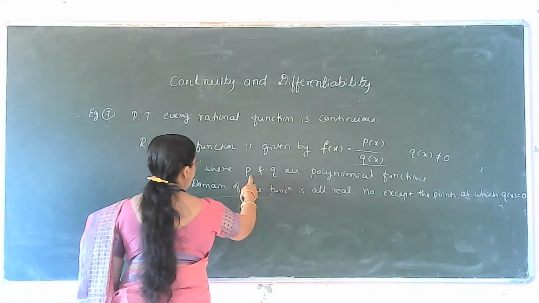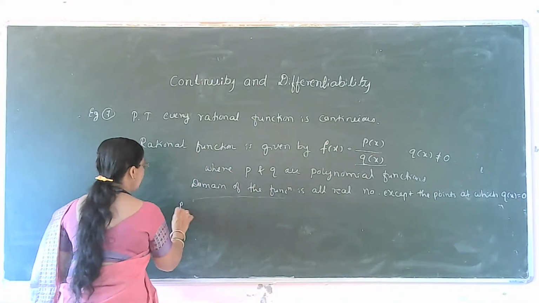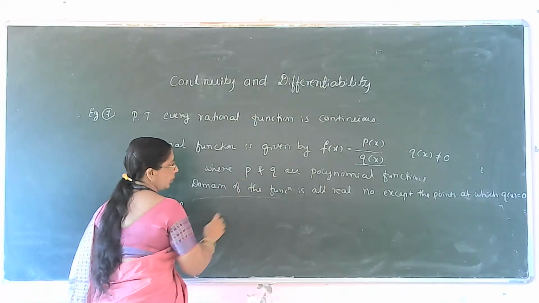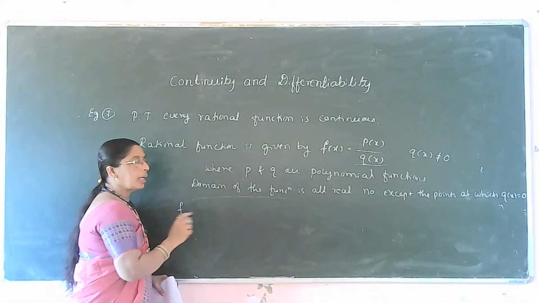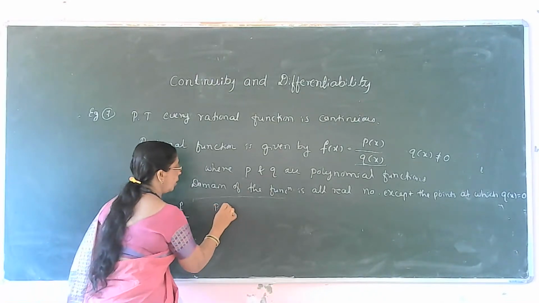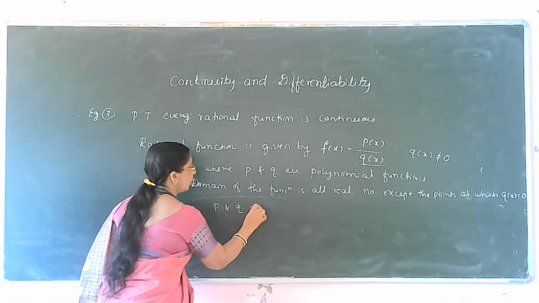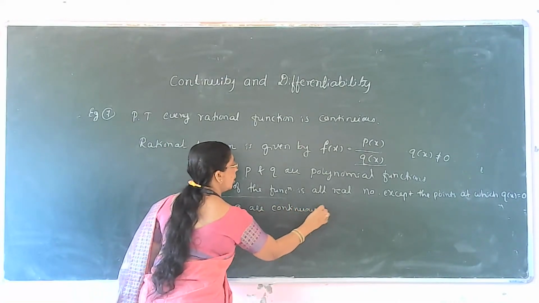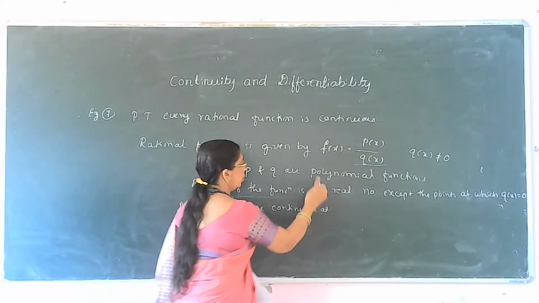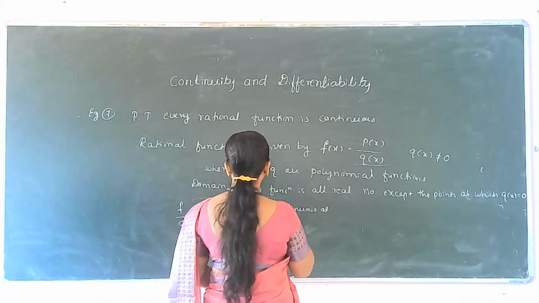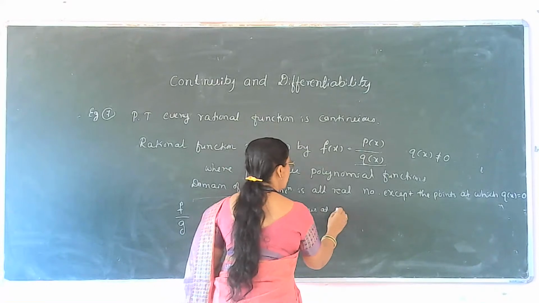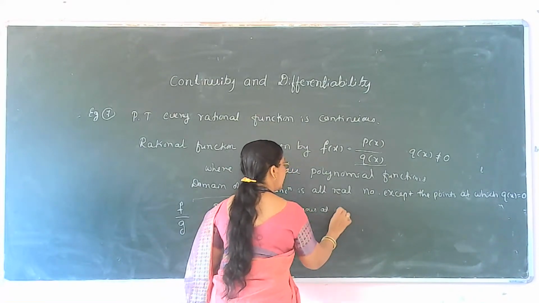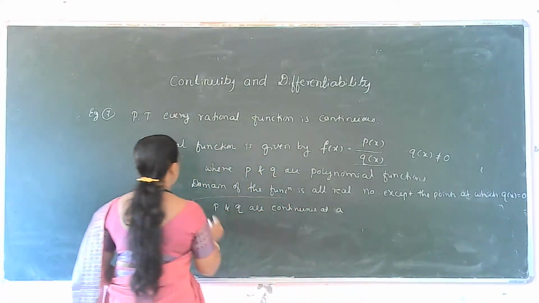Once again, p and q are polynomial functions; they are continuous at any given real number a.